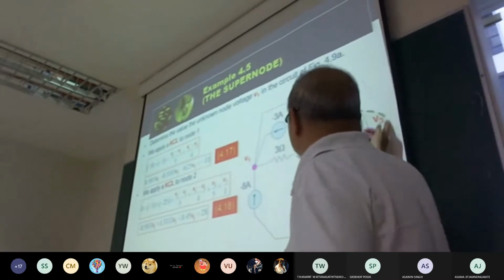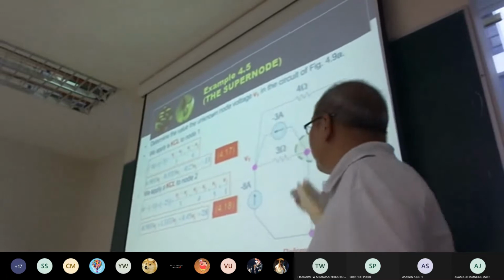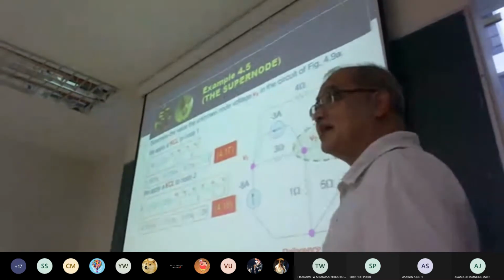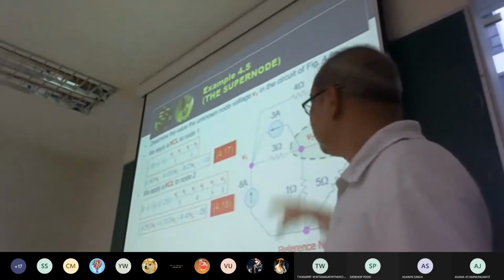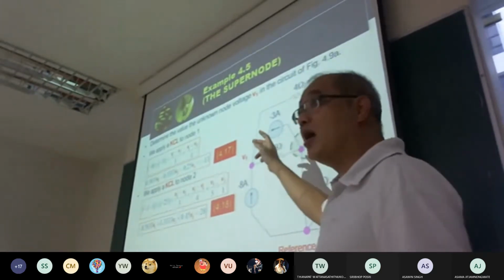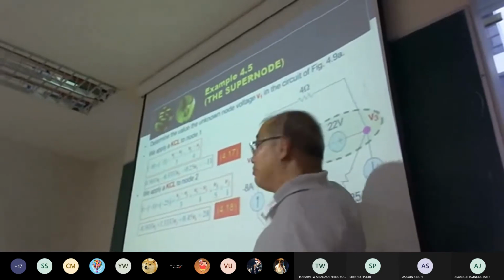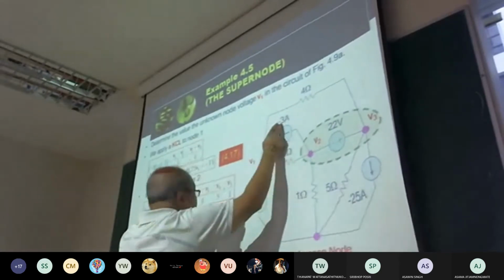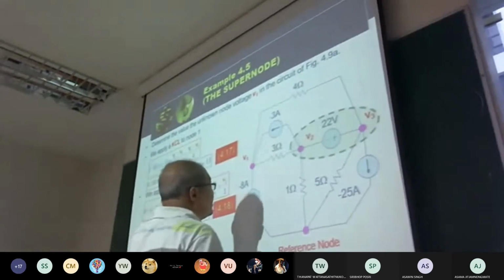How many branches connect to them? 1, 2, 3, 4, 5, 6. How many currents get in? 0, right? All currents get out. Here equal to minus 3, here equal to minus 25.